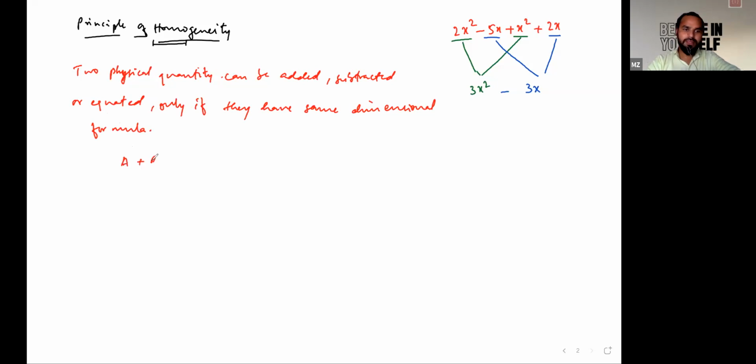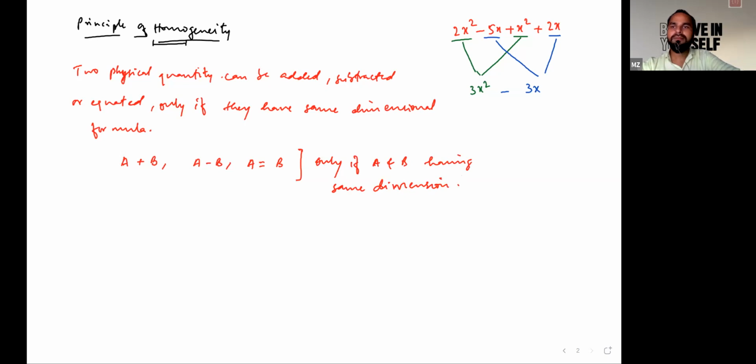Suppose A plus B, A minus B, or A is equal to B. In any of these three operations, it would be possible only if A and B have the same dimension. Any doubt?